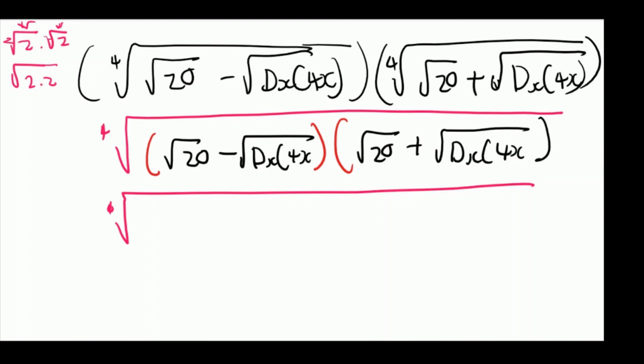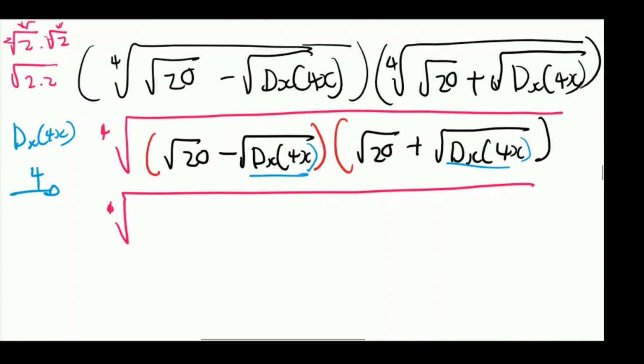So before you multiply what's inside, let's first deal with this d of x of 4x. What this means is, if we have d of x of 4x, it means we need to differentiate what's inside the brackets. So when you differentiate 4x, it gives you 4, right?